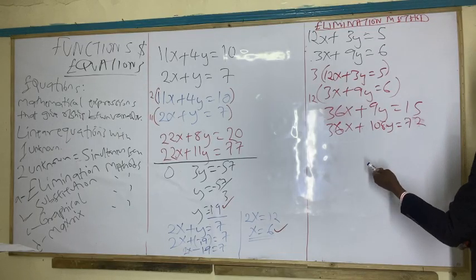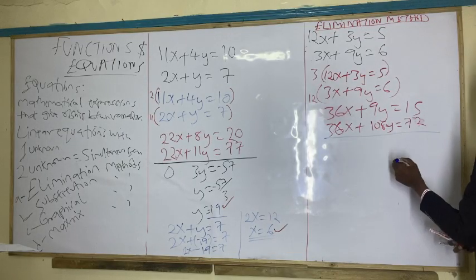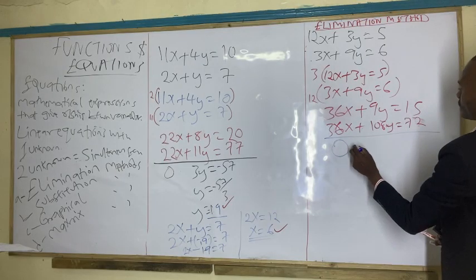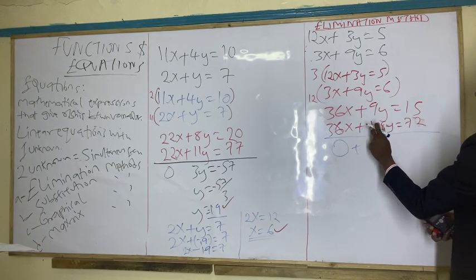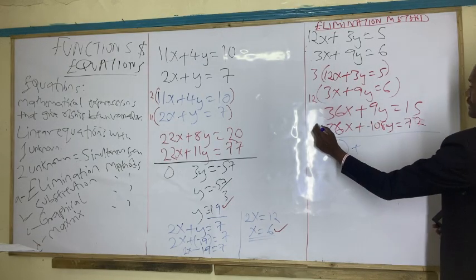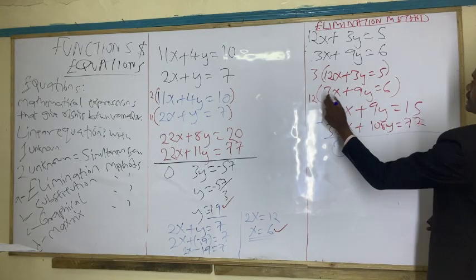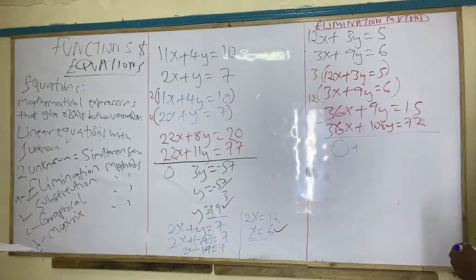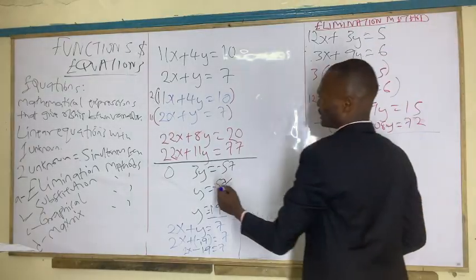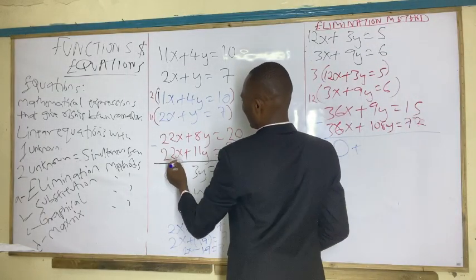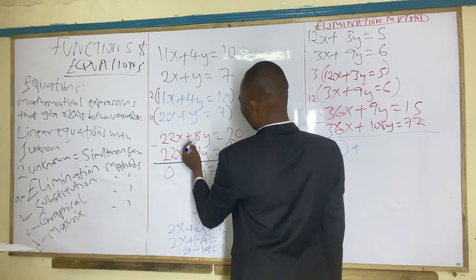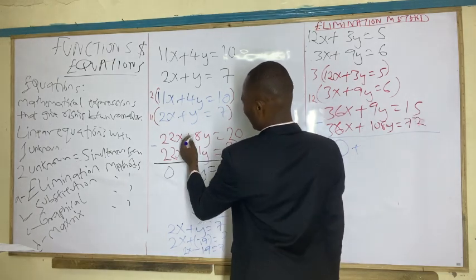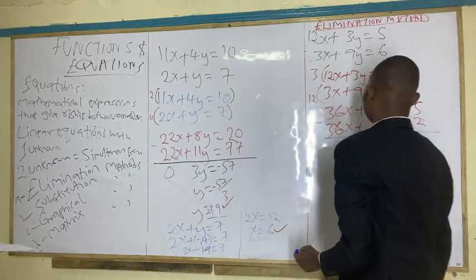Now let's get the difference, ladies and gentlemen. So this and this becomes a 0 plus 9y minus 108. So we minus 108, just the same case as before. Fine.